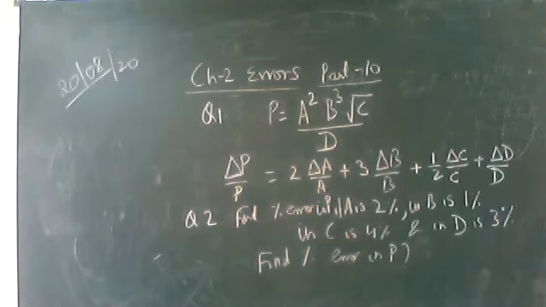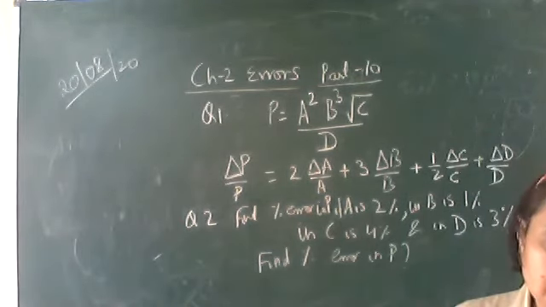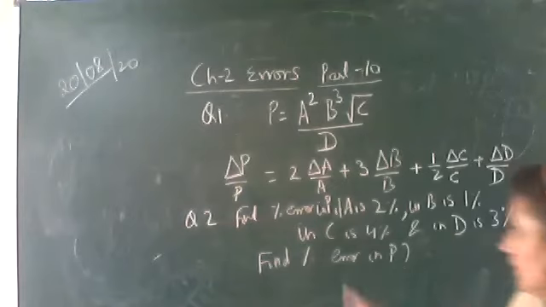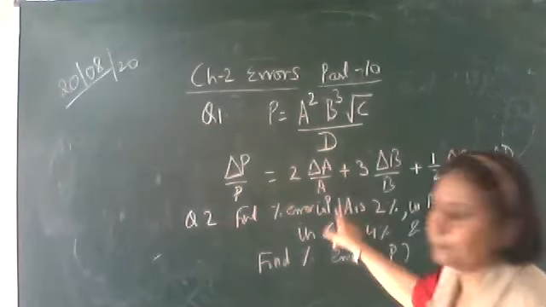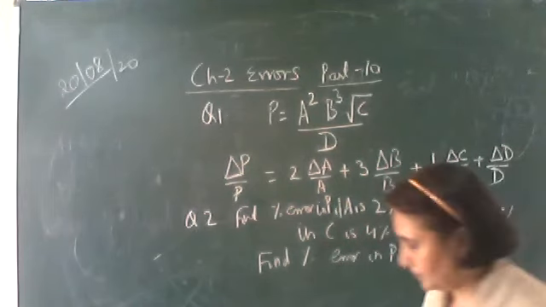From the relative error, how do you get the percentage error? Multiplying it by 100. So delta P upon P into 100 is the percentage error in P. If you are multiplying the left hand side by 100, each term on the right hand side will also be multiplied by 100. Try to do it. We have to find out delta P upon P into 100.